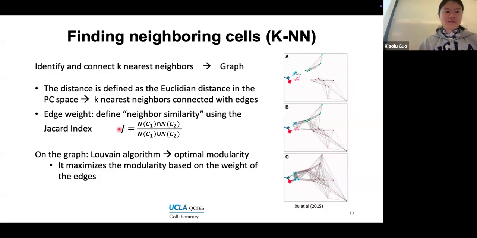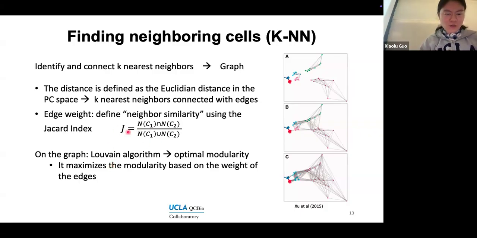And how about if the Jaccard index is 1? It means that on the edge, those two cells have totally overlapping neighbors. They are exactly in the same neighborhood.